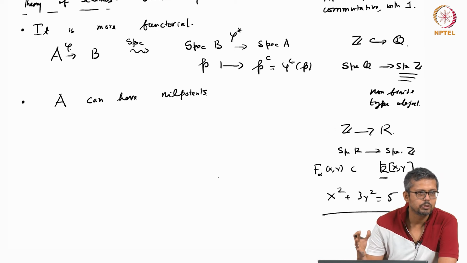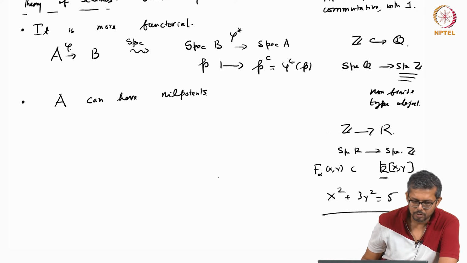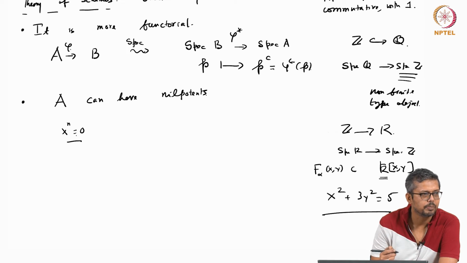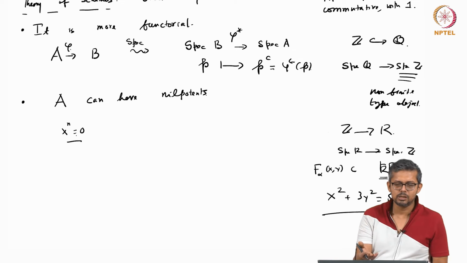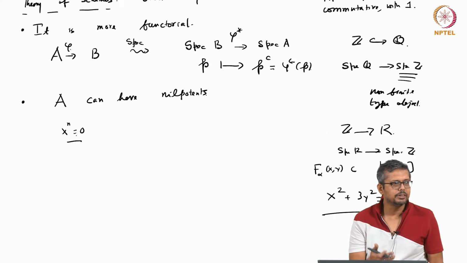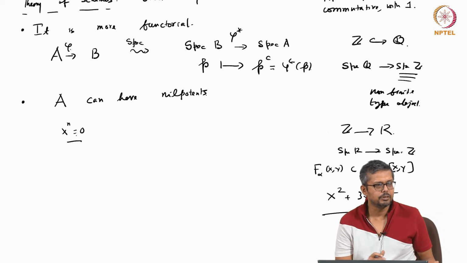This is much more general, so you can include such things. For example, a function like x^n: you can have x^n = 0 but x is not 0, right? Because an element of a ring gives you some kind of function on some space. In this case, the space is Spec A, and the function space is A.